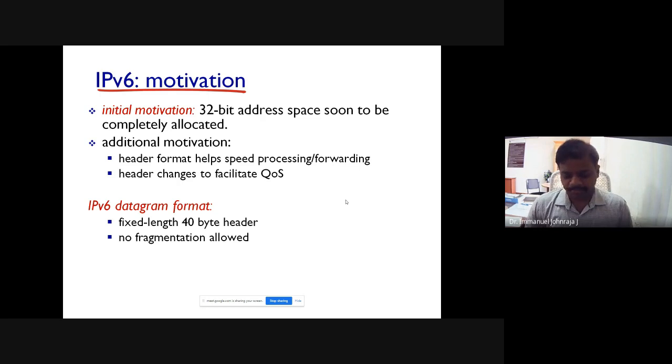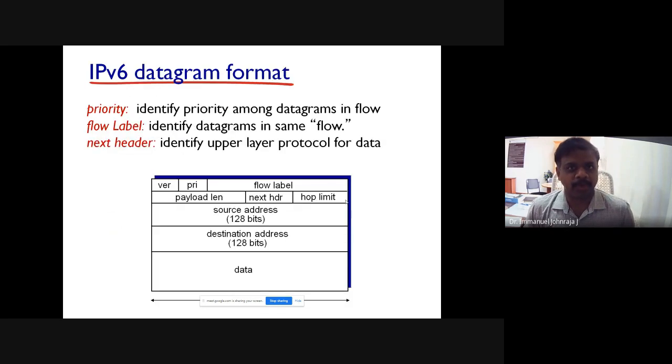If your data link layer is not able to cope with the speed, there is a parameter called MTU, the maximum transfer unit, and based on that IPv4 packets are fragmented, if you remember. But IPv6 says it is not going to do any fragmentation. It is up to you to improve your ability to forward the packets.